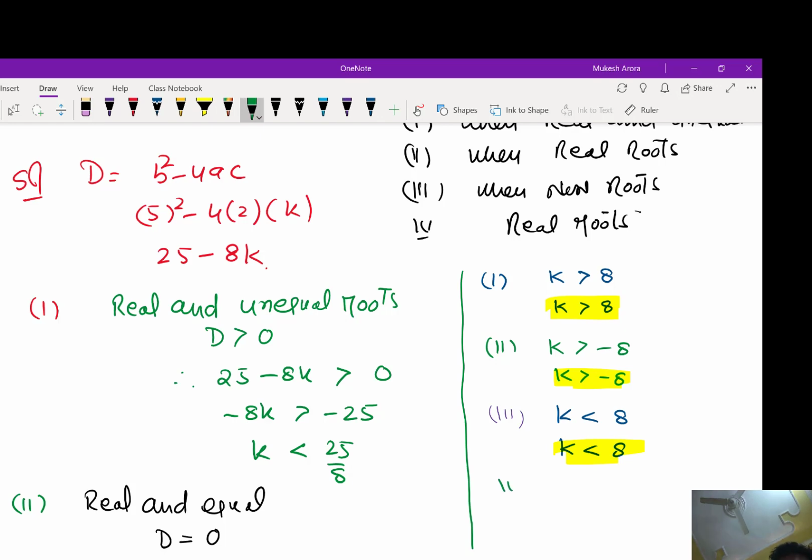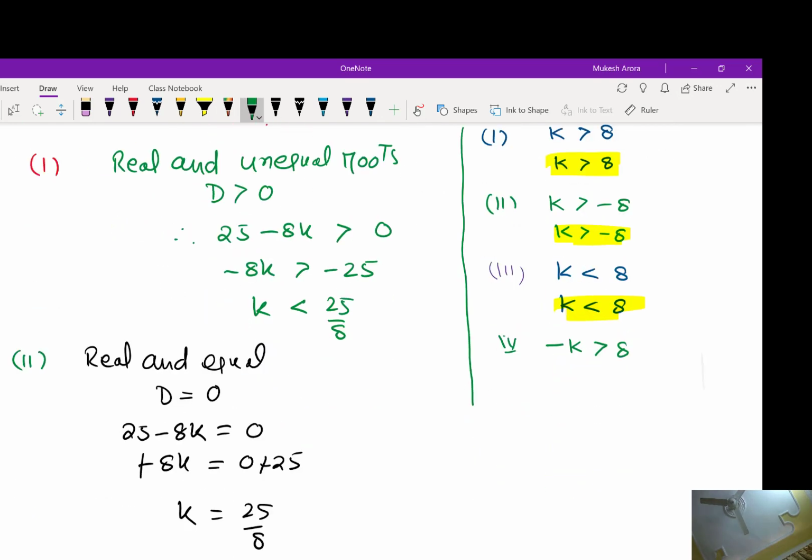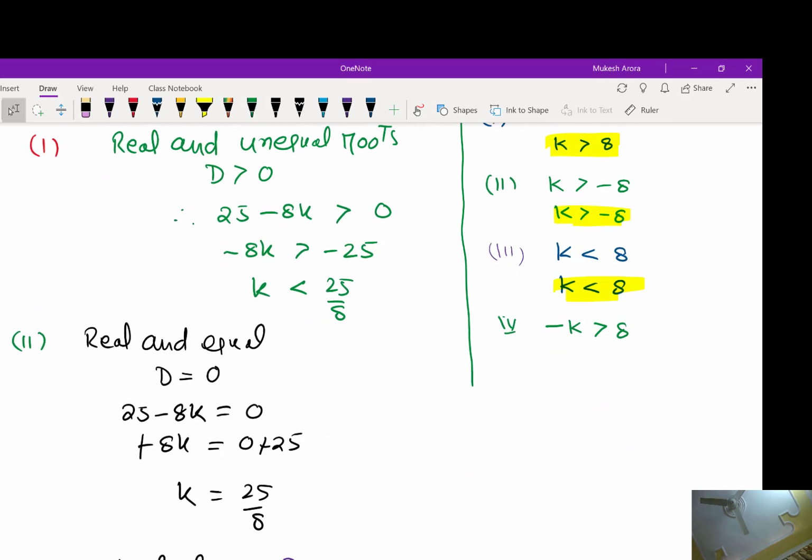Now, if minus k is greater than 8, then when this minus moves to the other side, what happened? Minus k is greater than 8, so that means k is less than minus 8. Sign will be changed.